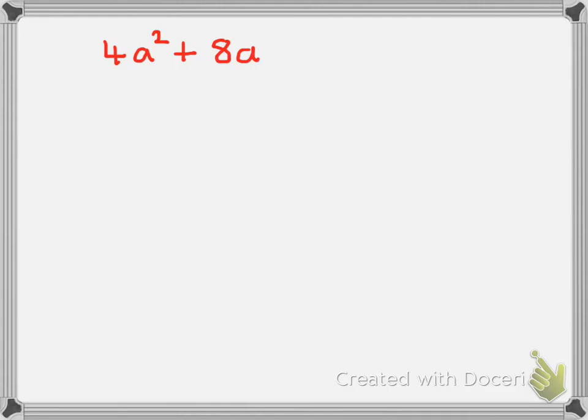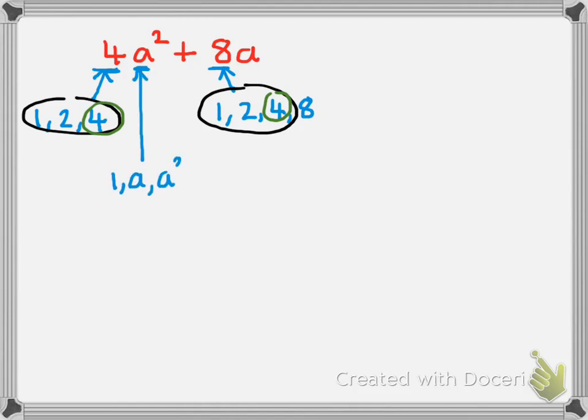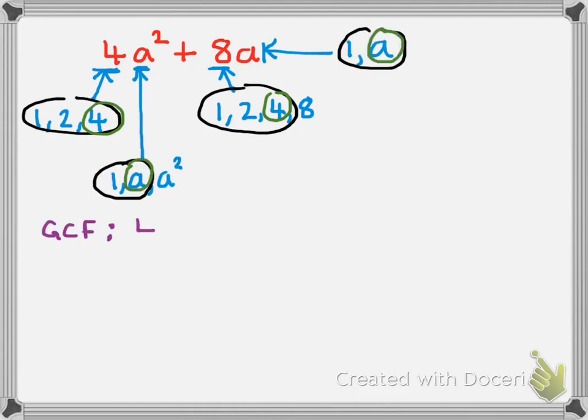We'll do the same thing like we did previously. We start with the coefficients and find the greatest common factor of the coefficients. After that, we also find the greatest common factor of the variables as well. In this case, the greatest common factor of the variables will be a. So therefore, the greatest common factor of 4a squared and 8a is 4 times a.